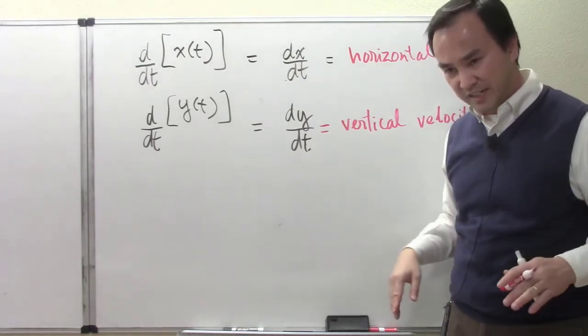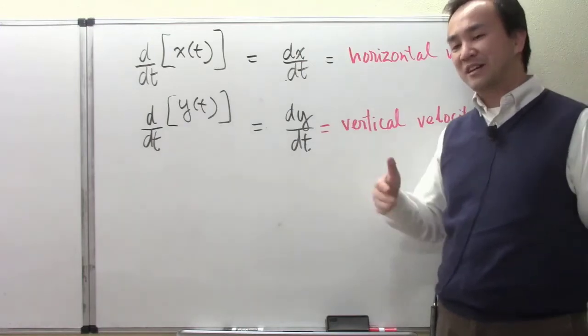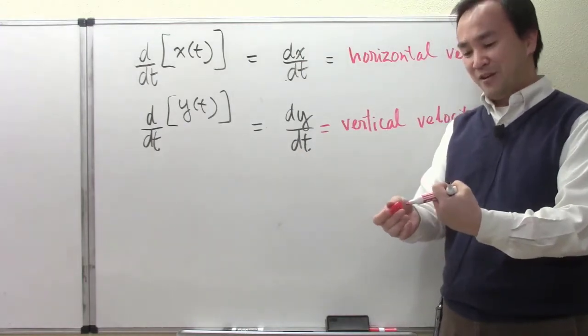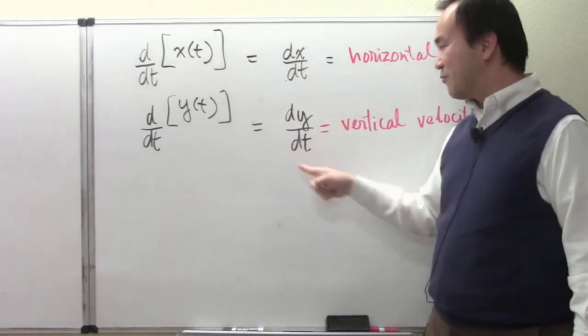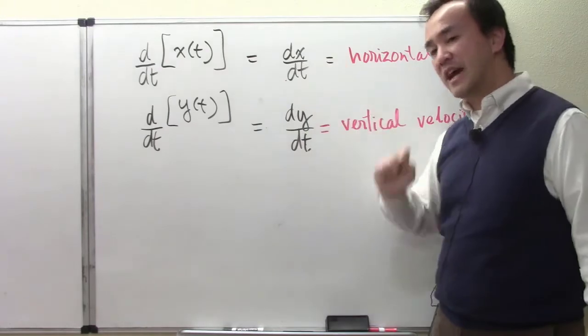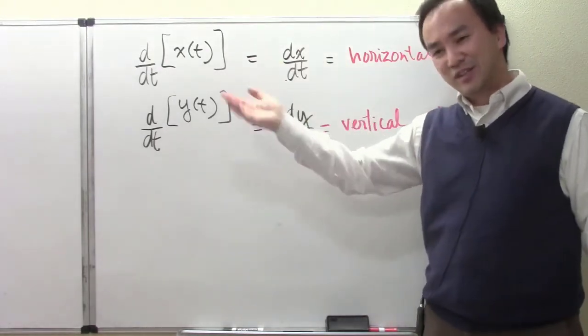It makes no sense that way. It's just the way life is, and math is just one way we study how to describe how life is out there. So you can never have dy dt without having dx dt. They always exist together.